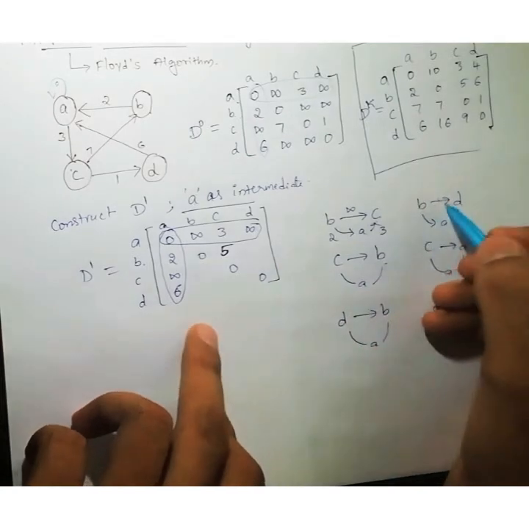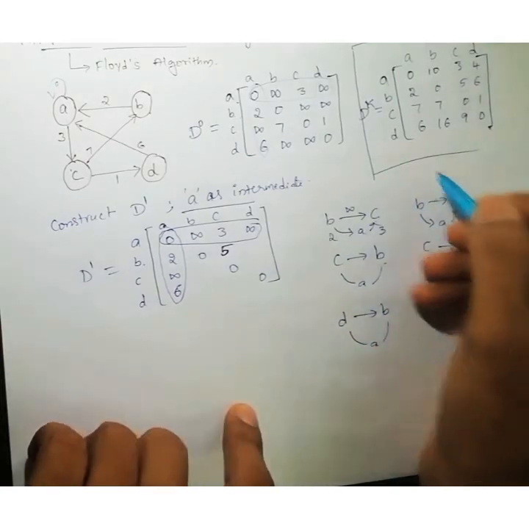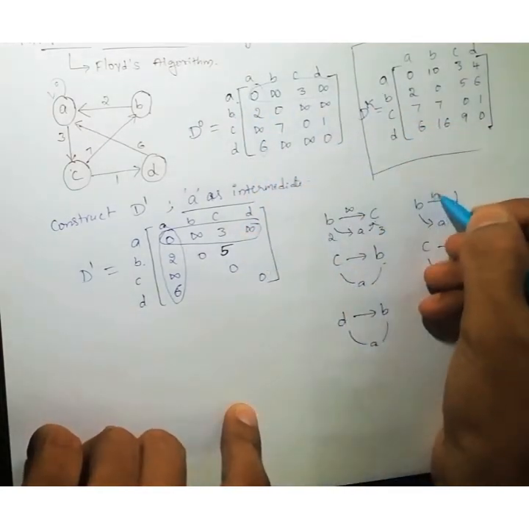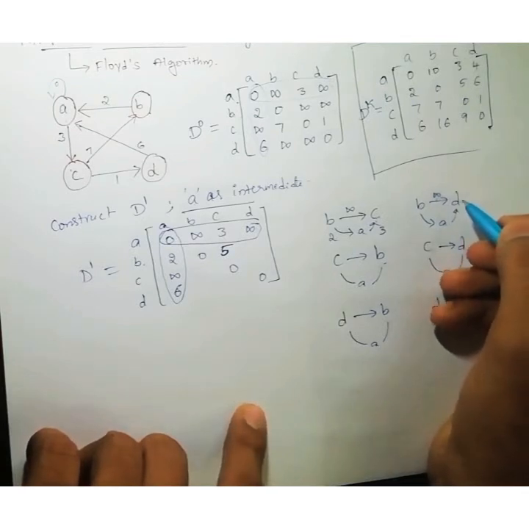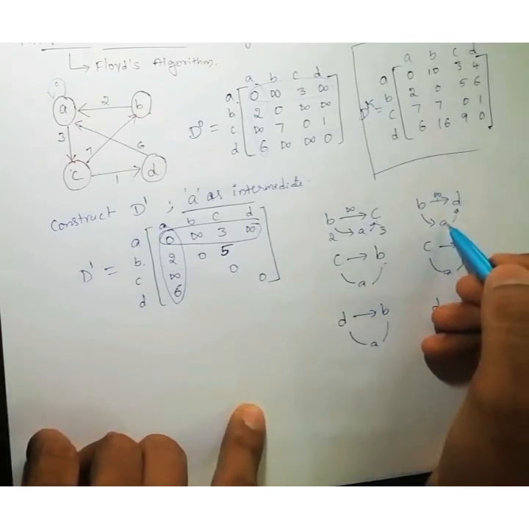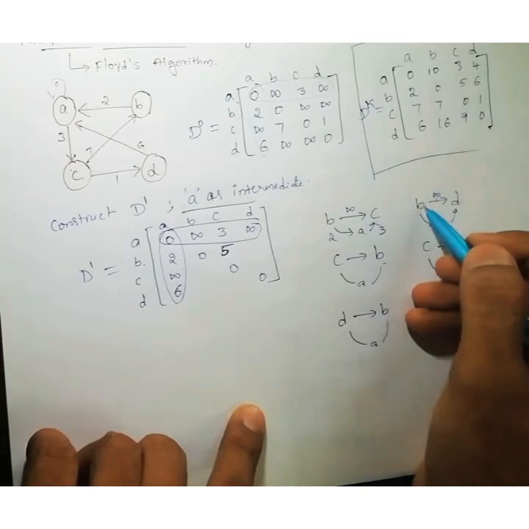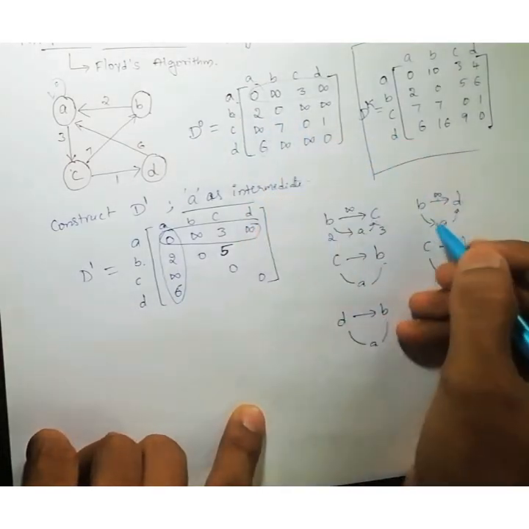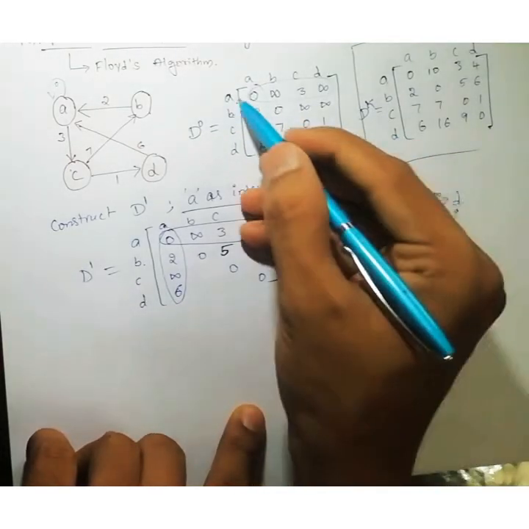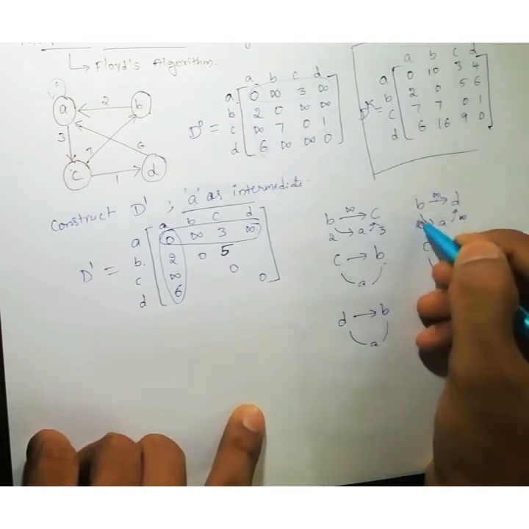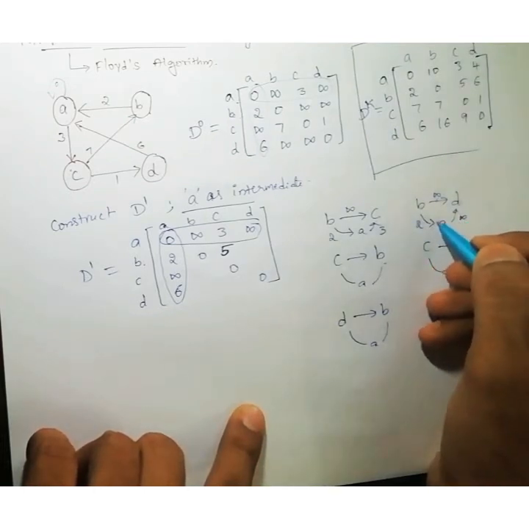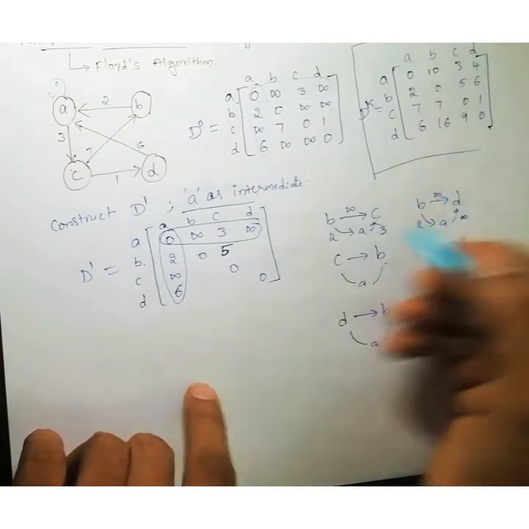Next, B to D. What is the value? B to D, initially it is no direct edge, that is infinity. So making use of A as an intermediate node, B to A 2 and A to D, that is infinity. Anyhow infinity plus infinity, anything is infinity. Which one is minimum? Infinity.